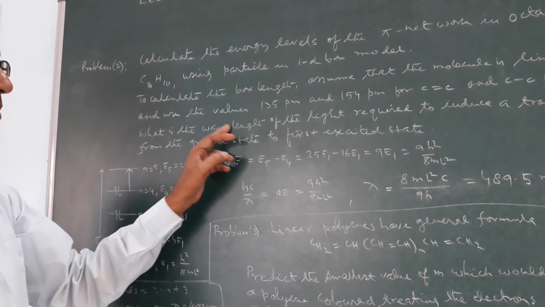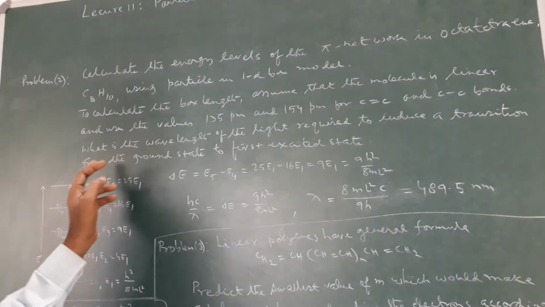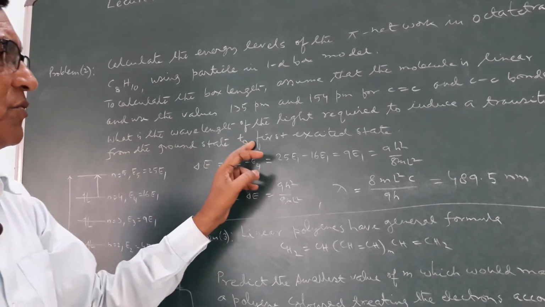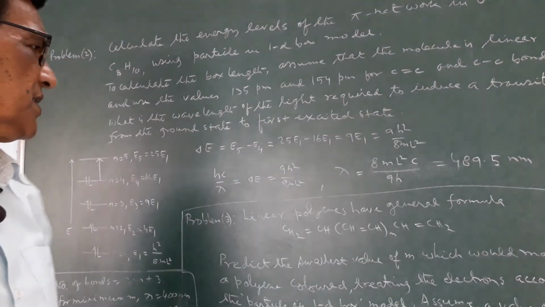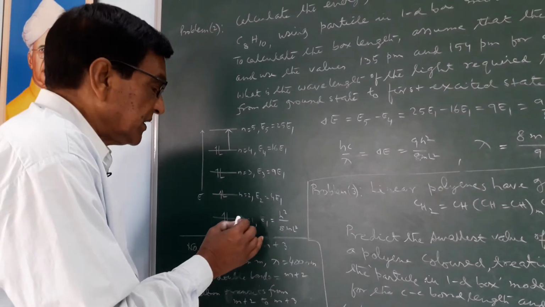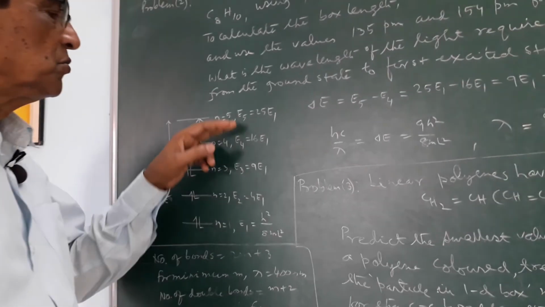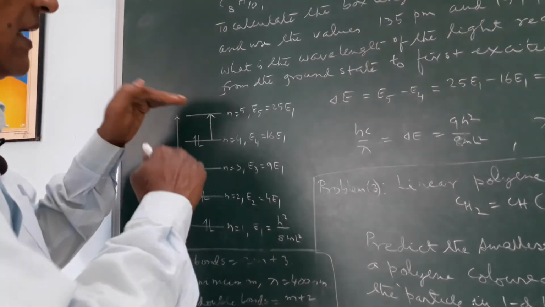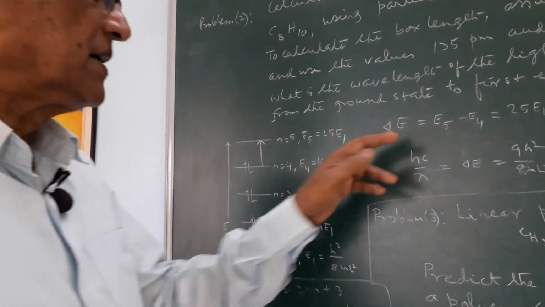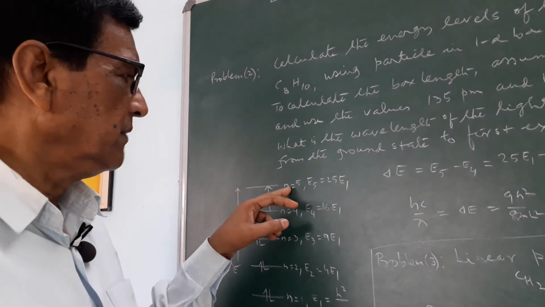What is the wavelength of the light required to induce a transition from the ground state to the first excited state? So I have shown here the energy levels, n equal to 1, n equal to 2, these are the energy values, and the transition occurs from n4 to n5.